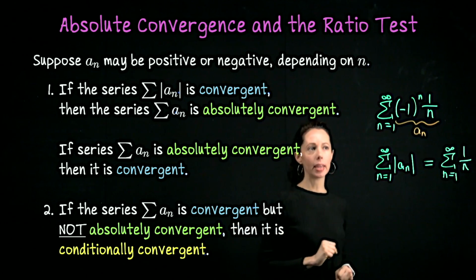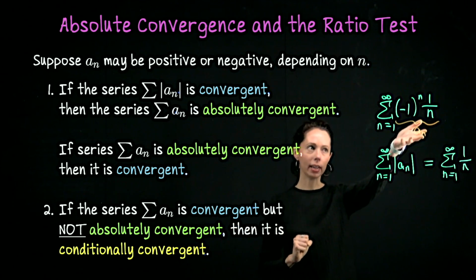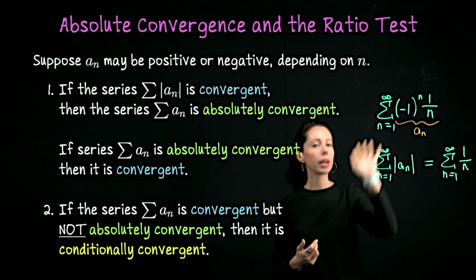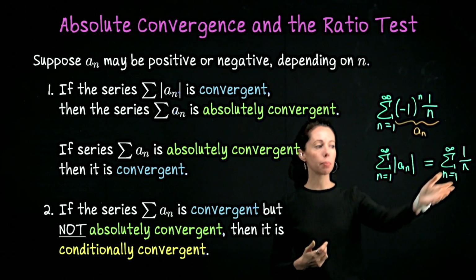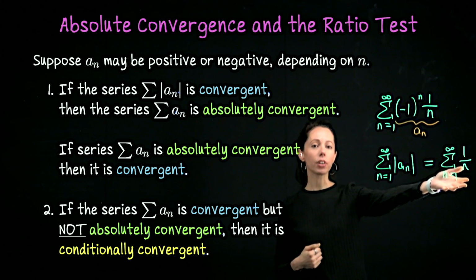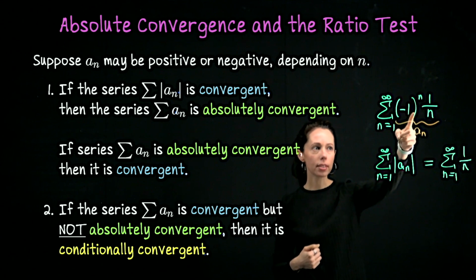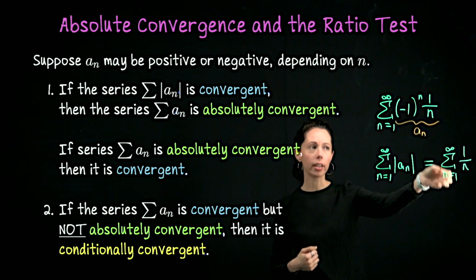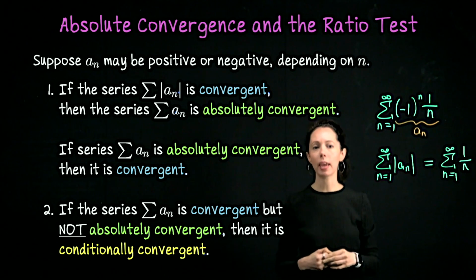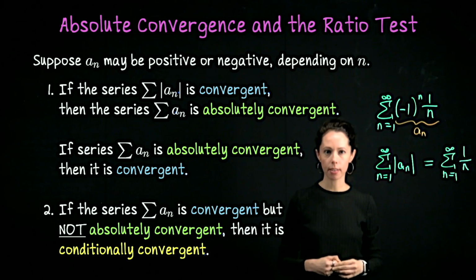We have an example right here. So the alternating harmonic series is convergent. This is a convergent series, but it is not absolutely convergent because when I take the absolute value of every term, I get the divergent harmonic series. So this is convergent, but this is divergent. That means that the type of convergence that this original series displays is conditional convergence.